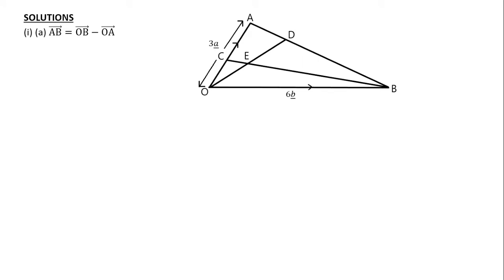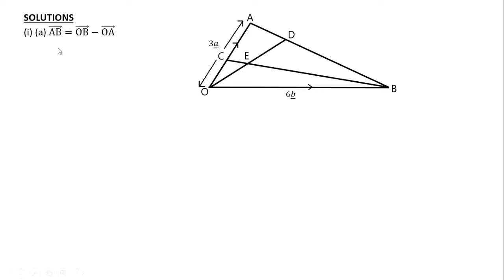So the first question is saying, find vector AB. Now, vector AB is the same as the movement from point A to O, and then the movement from O to B. If OA is a positive 3A, it means AO is a negative 3A.